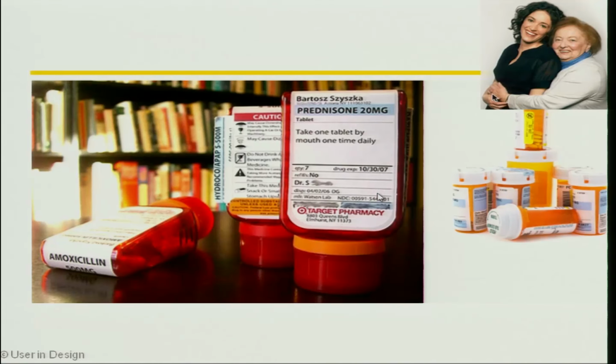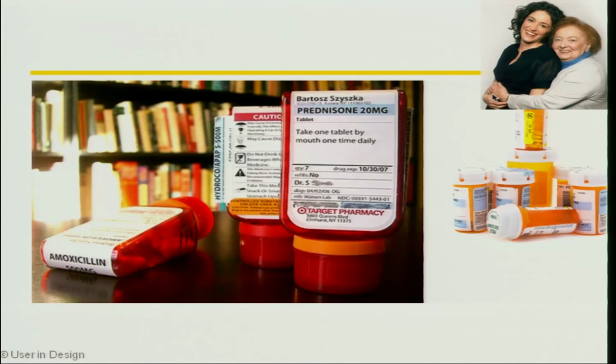You can see the date and the doctor's name and all these other details, and of course the pharmacy name, right? And the bottle is shaped in such a way that it stands on its head, and when it's lying on its side, even then the label is designed in such a way that you can still read the name of the medication.